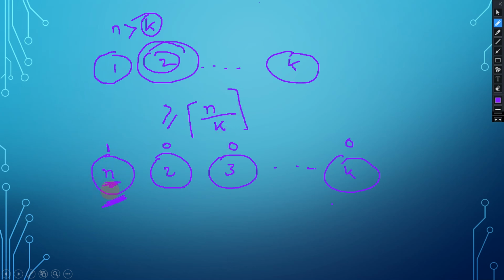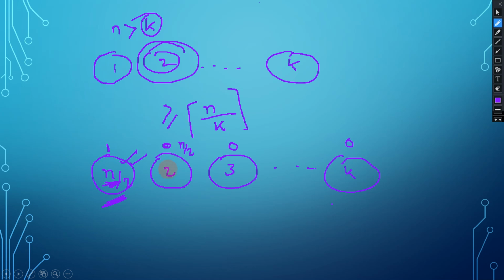So this is really true. Another distribution can be n by 2 pigeons in the first hole, in the second hole also n by 2 pigeons, and the remaining are 0. So in that case also at least one hole has greater than or equal to n by k pigeons.